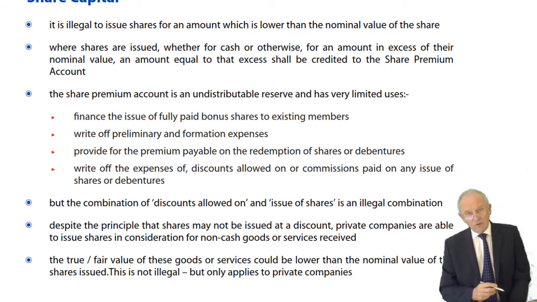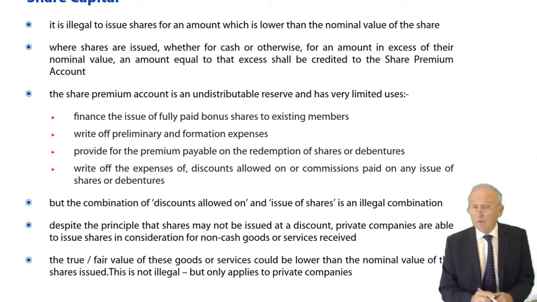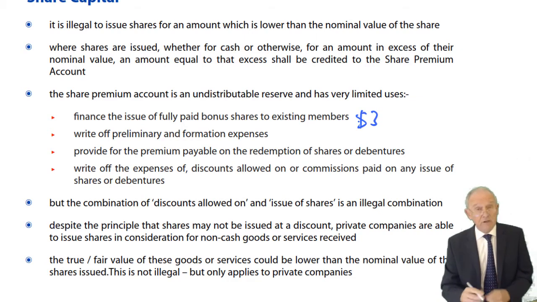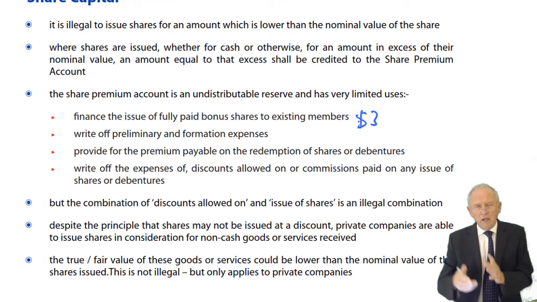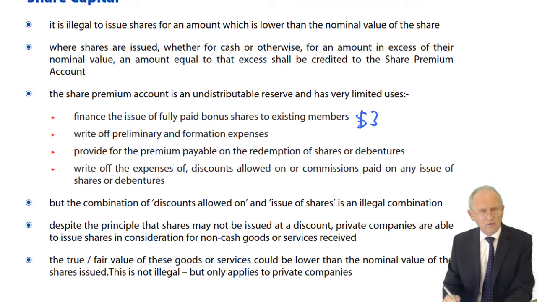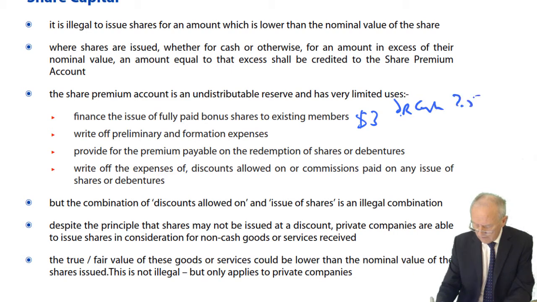Where shares are issued, whether for cash or otherwise, for an amount in excess of their nominal value, then an amount equal to that excess shall be credited to the share premium account. Here we have that $1 share, with a market value of $3, and the company wants to issue some more. So let's issue another share at $2.50. So we have debit cash, $2.50.